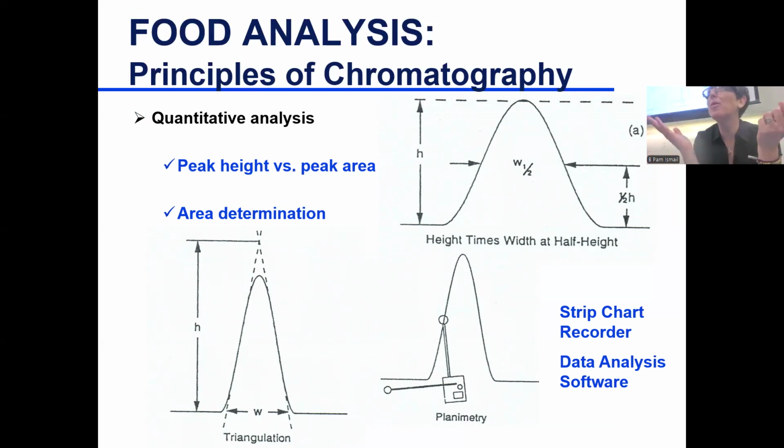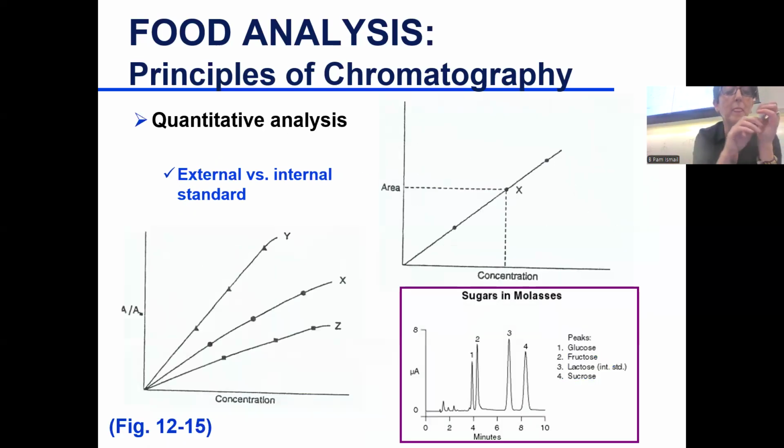But now we have programs that calculate the area under the curve, and we relate the area under the curve to the concentration of the standards. We have area under the curve as y-axis and known concentration of standards as x-axis. And you get the equation of the line.